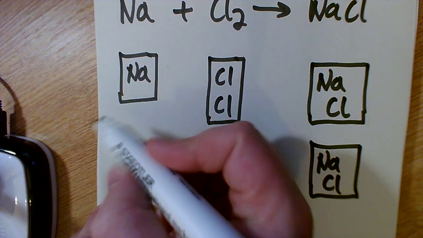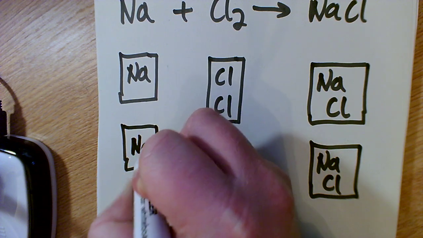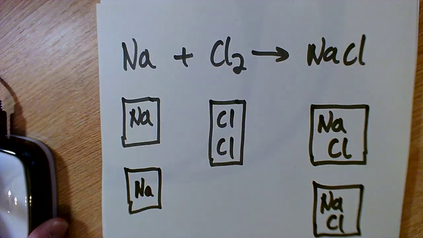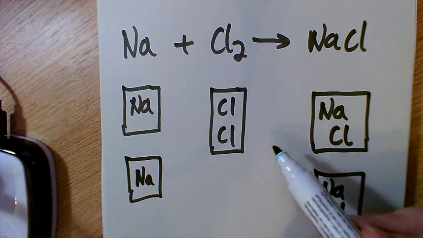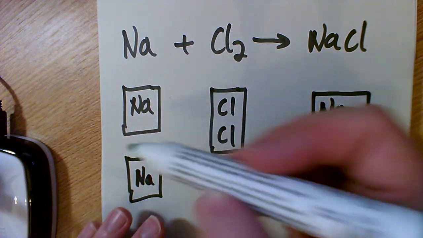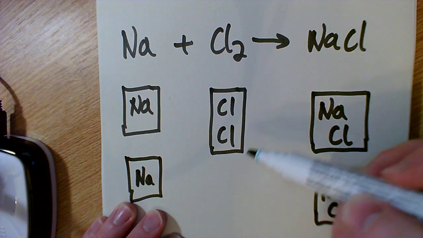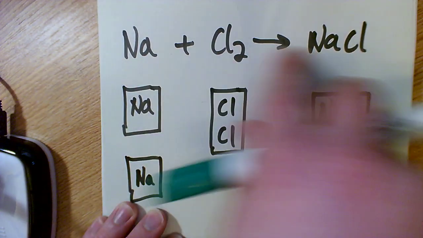So therefore I need to add an extra box of sodium. And if I do that, I've now got a nice balanced chemical equation. And we have to finish it off, so you have to now add in the numbers in order to balance the chemical equation up the top.